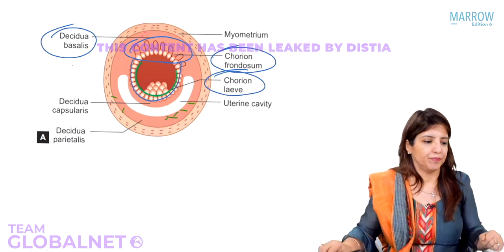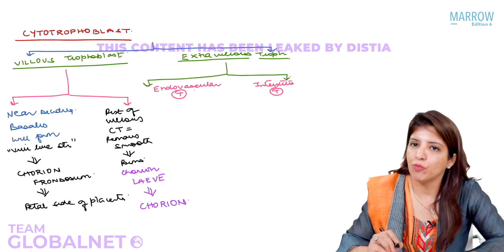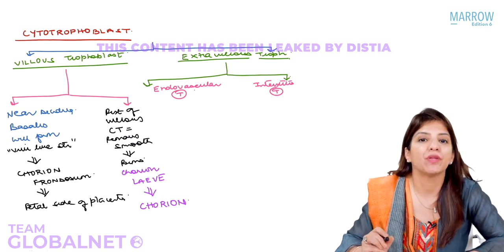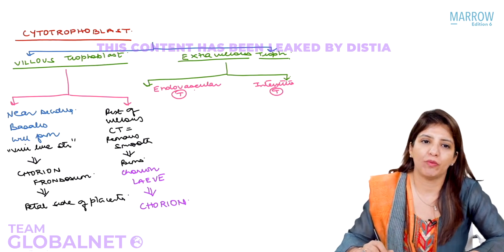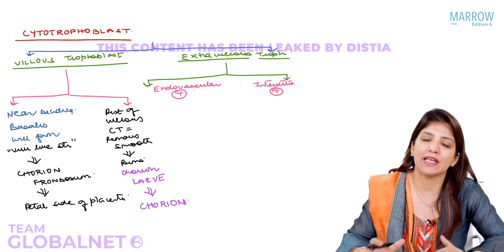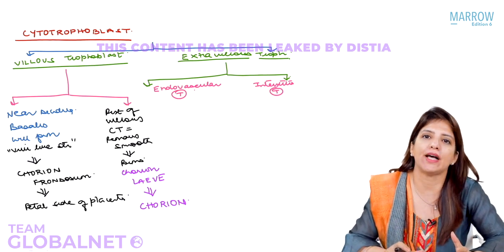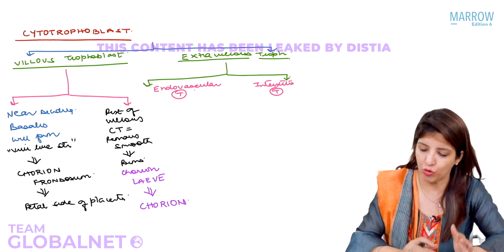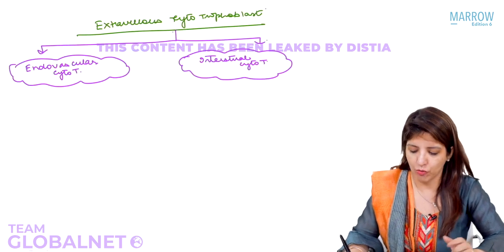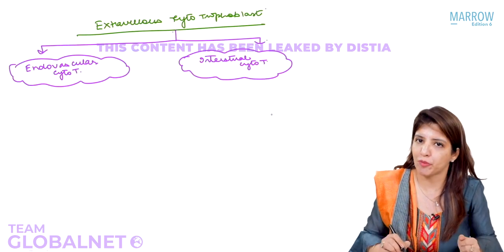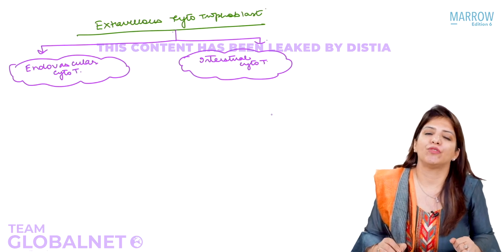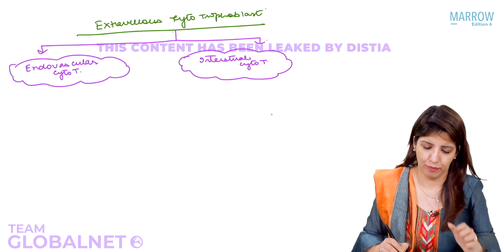Okay. Now let's talk about the extravillous cytotrophoblast. This extravillous cytotrophoblast has again two parts, the endovascular cytotrophoblast and the interstitial cytotrophoblast. So I am taking both of them on the other page so that we can write it properly. Now what is the role of this endovascular cytotrophoblast?